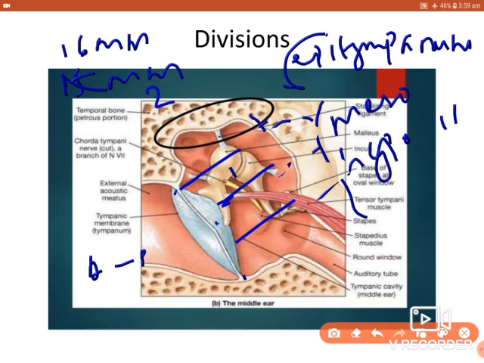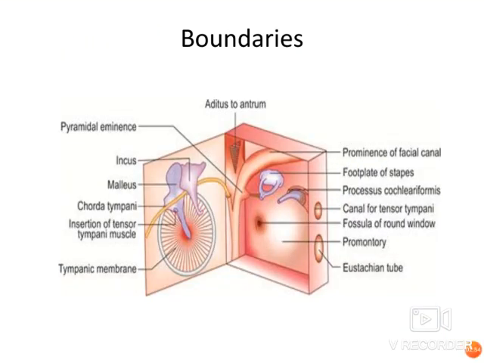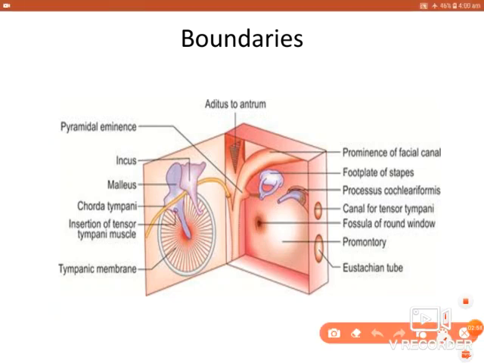It ranges from 2 to 6 millimeters. Okay. These are the dimensions of the middle ear. Then the boundaries of the middle ear, which are the walls of the middle ear. Already told, its shape is like a rectangular box.